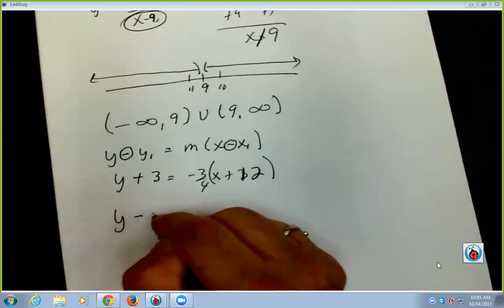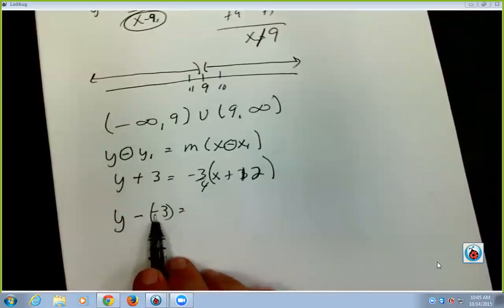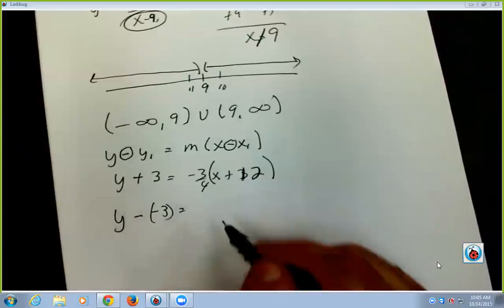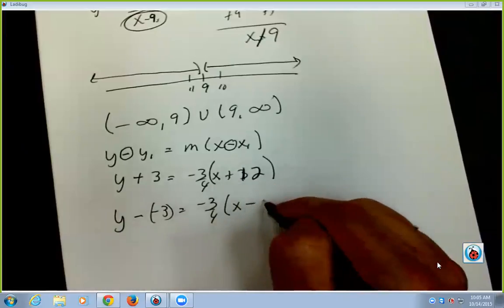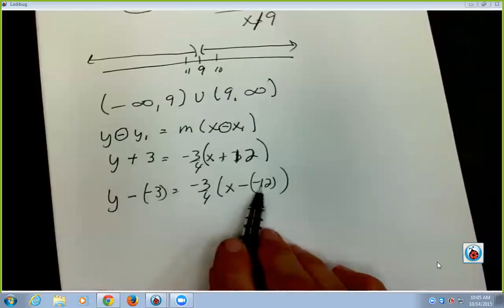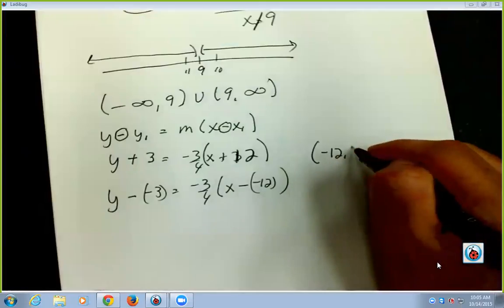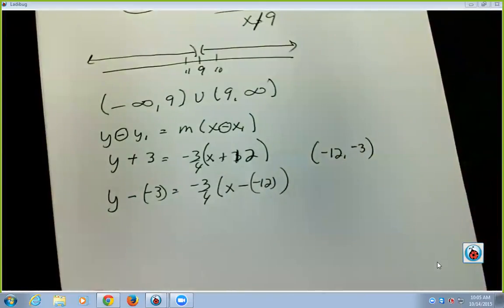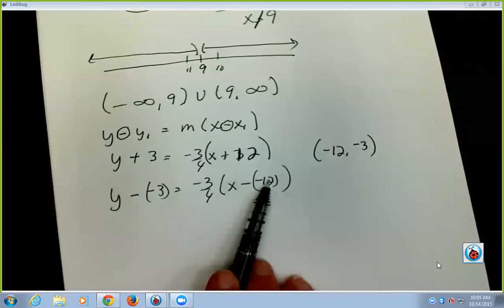So really I have y minus a negative 3, because a subtraction and a negative makes it a plus, and negative 3/4, and this one the same thing. So my point in here is really negative 3 and negative 12. But in this case, you'd have to change those. So you wanted to make sure you flipped them and changed them.